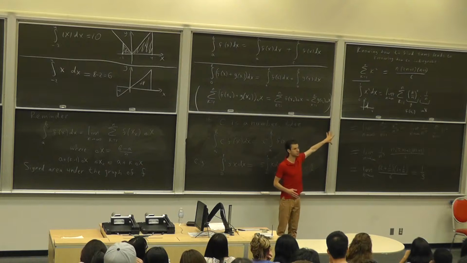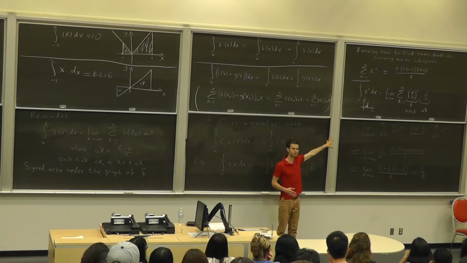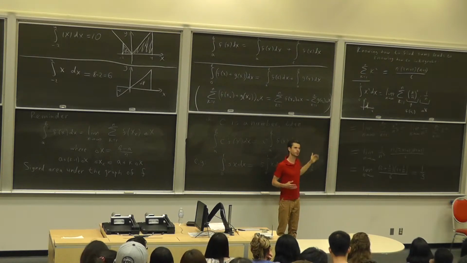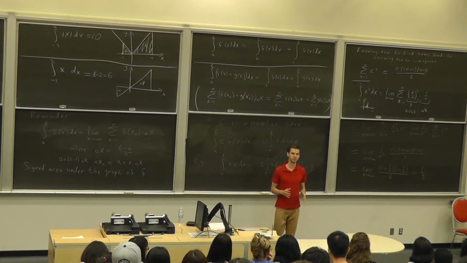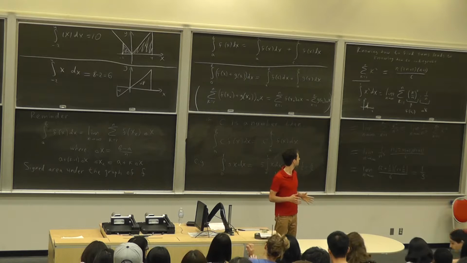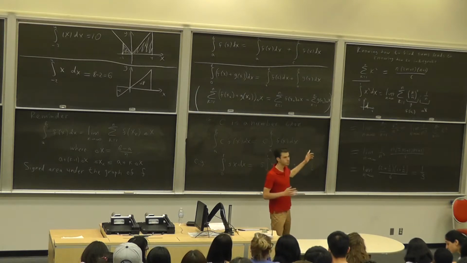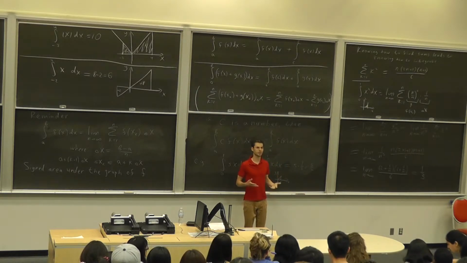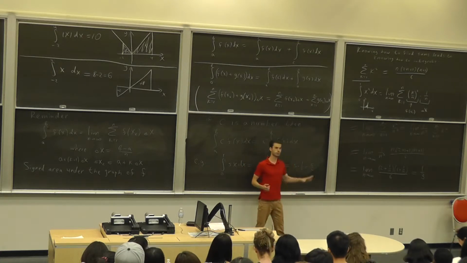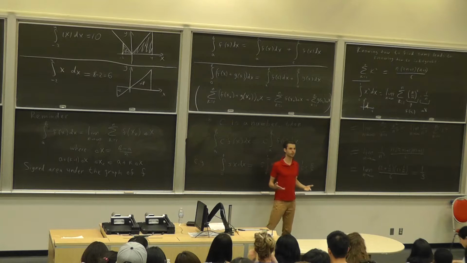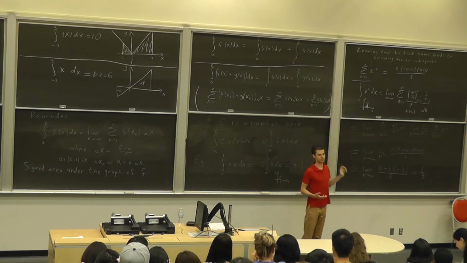So this is a good example of how you can apply the definition in one particular example, but it's not going to really help our ability to integrate functions. So before we go to the actual rules of how to integrate stuff, are there questions about this?